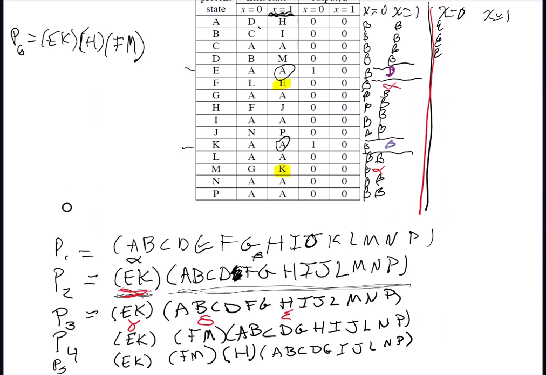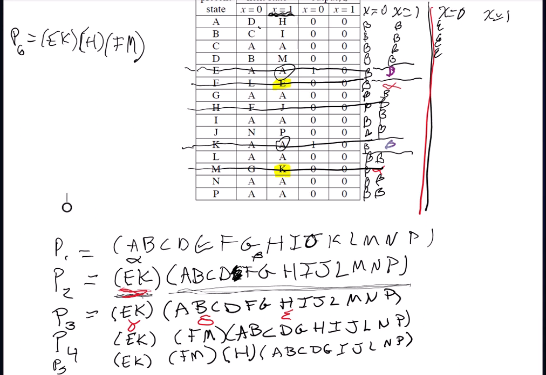Okay, so now let's look at everybody else, just to make things a little easier here. I'm just going to cross through these so I don't look at them. So these are the ones we've already done. And now we want to look at the 1 successors of everybody else.